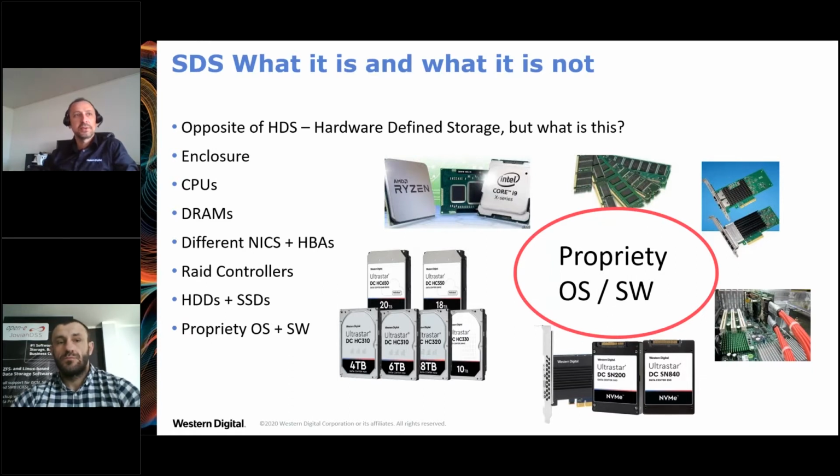And in that box, you see very common hardware: typical processors from the processor manufacturers, DRAM, common connectivity like Ethernet and Fibre Channel, and redundancy control in terms of hardware or software RAID or HBAs. All this is packed up with a bunch of hard drives, either flash or SSDs, and everything is put together, run and managed by proprietary software. That makes it hardware-defined because it comes from one hardware manufacturer.